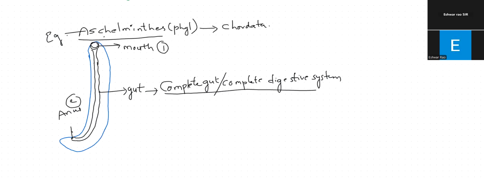The next characteristic feature we are talking about is symmetry. The fourth characteristic feature under the heading of basis of classification is symmetry.